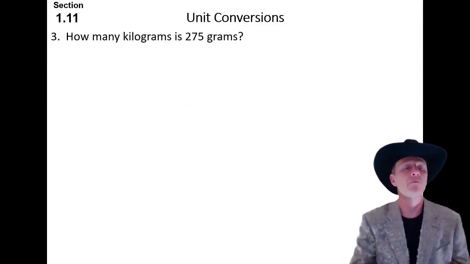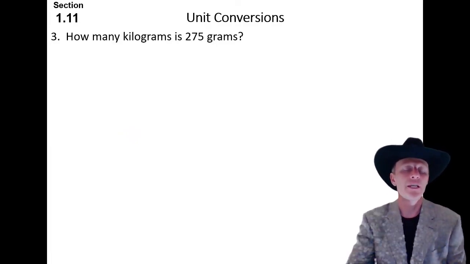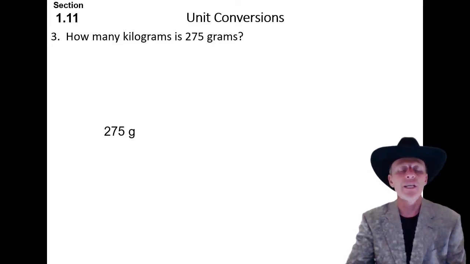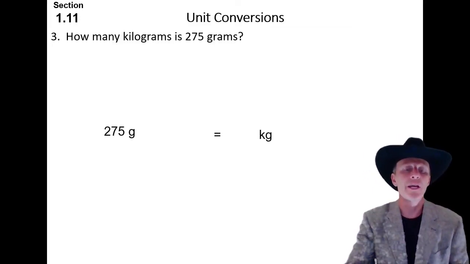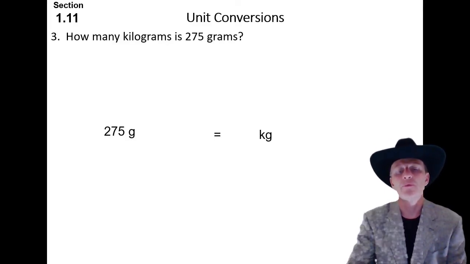Let's look at another problem. How many kilograms is 275 grams? So again, 275 grams on the right, kilograms symbol is kg. So grams, kilograms, that creates our conversion factor. So how many grams are in a kilogram? Kilo means 1,000. So that means 1,000 grams when it's a kg.